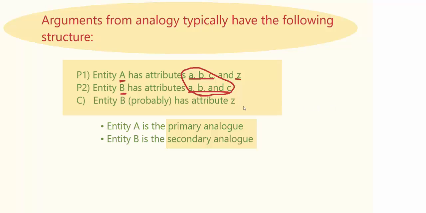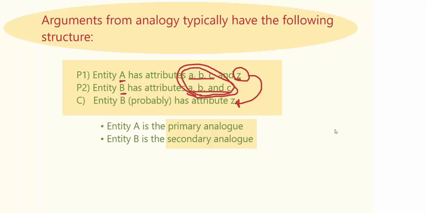So because this suggests they're of the same type, and we know that A has this additional property Z, it becomes more and more likely, as we get these similarities, that B also has this property, this attribute.